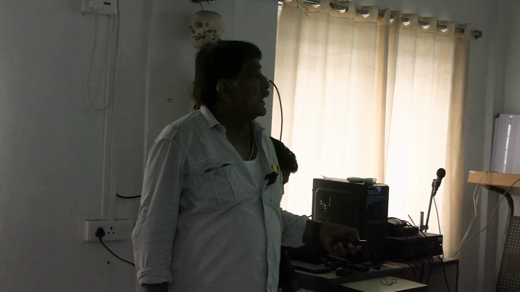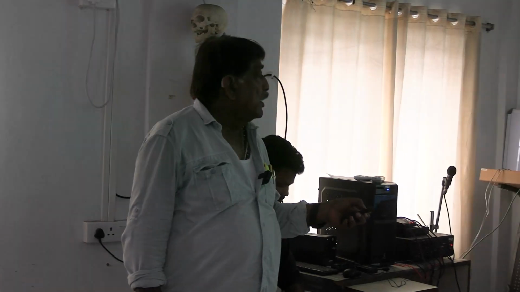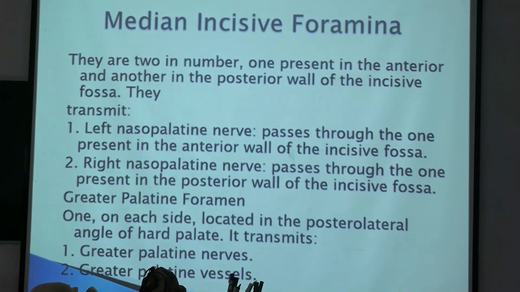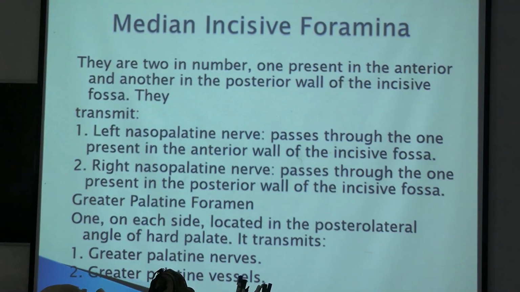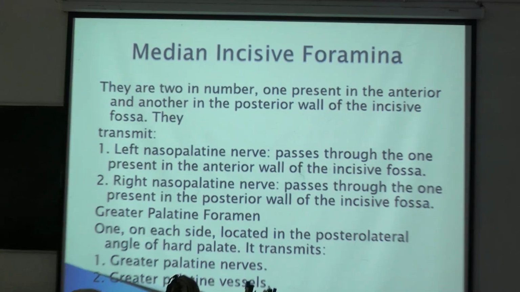Now, greater palatine foramen, one on each side, located in the posterolateral angle of the palate. From there it comes down, greater palatine nerves and vessels.